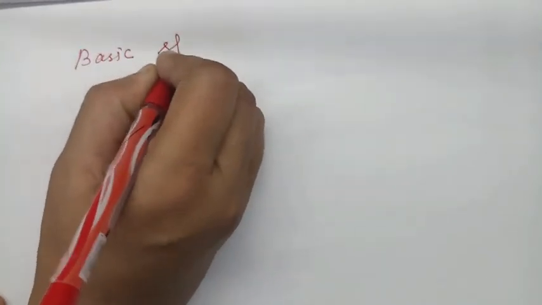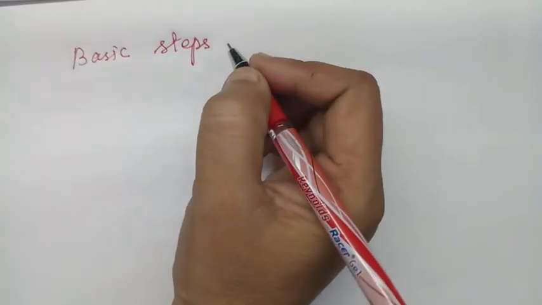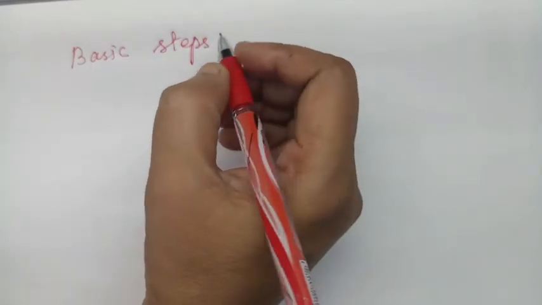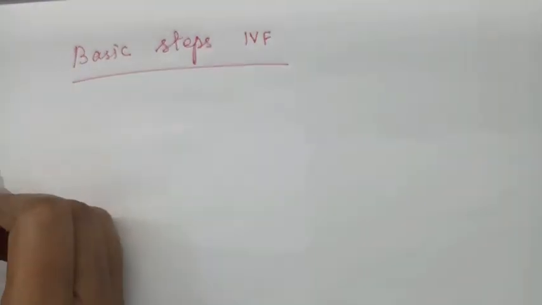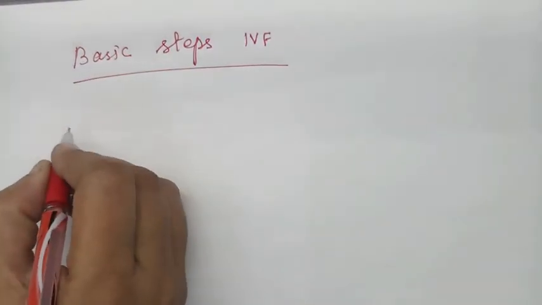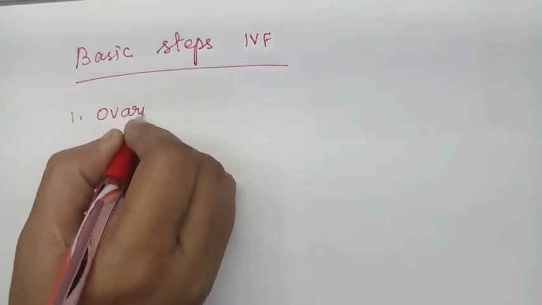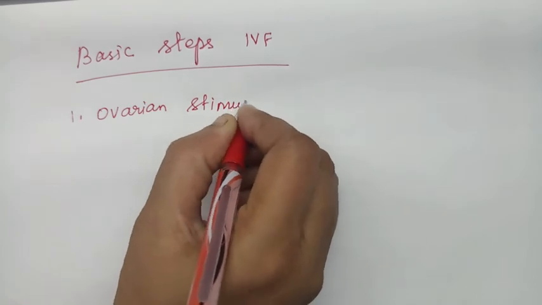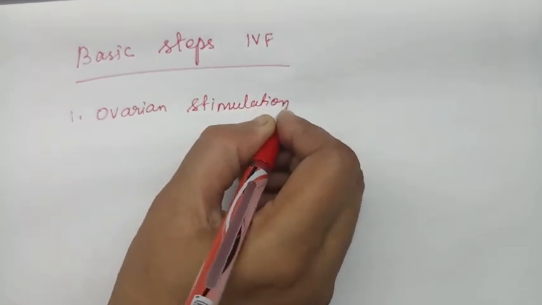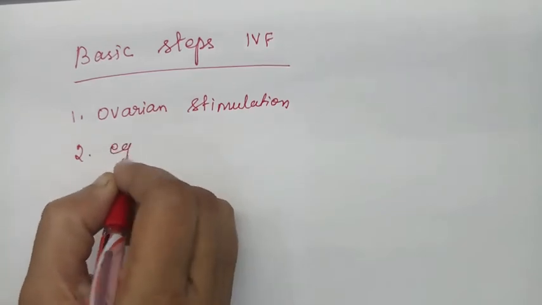Basic steps which are carried out in the IVF. First step is ovarian stimulation. Second one, egg retrieval.